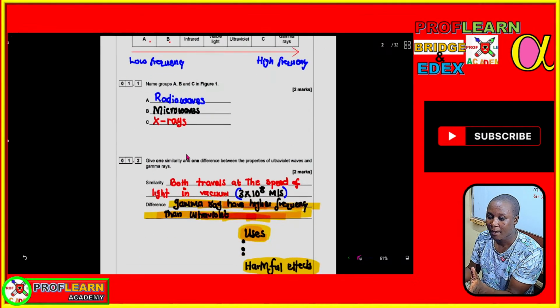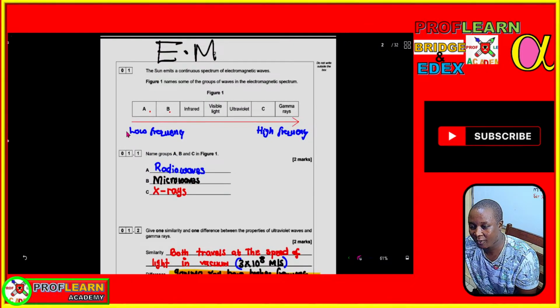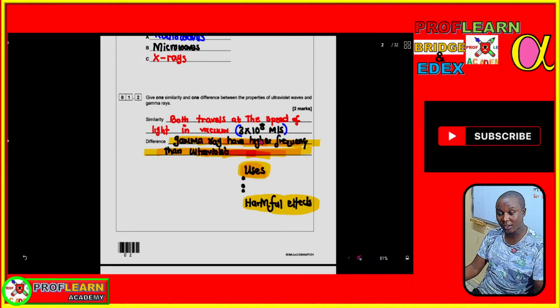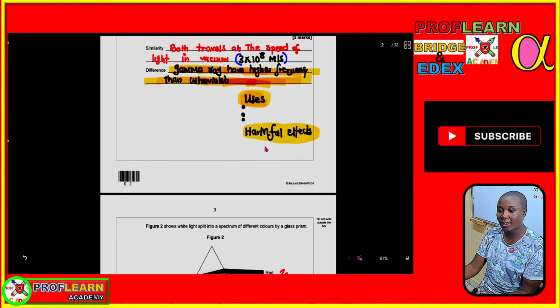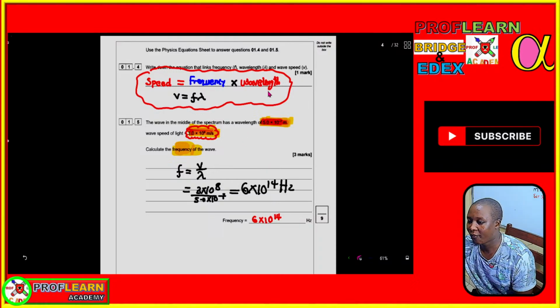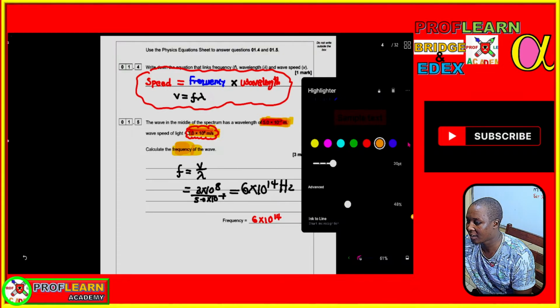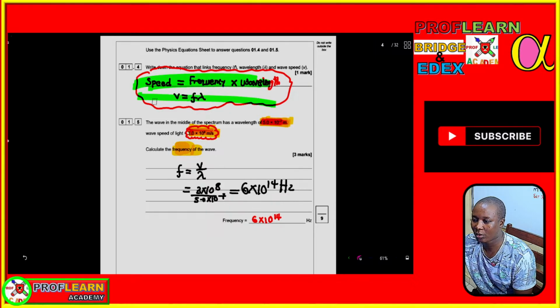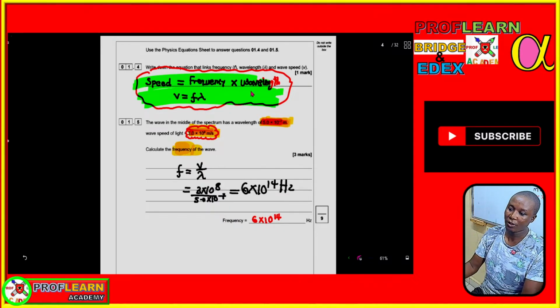You need to understand that waves on this end have low frequency but long wavelength, but here they have short wavelength. Yeah, so you need to understand common properties between the waves in the electromagnetic spectrum. Then you need to understand differences in that case, and that you need also to know the formula for the wave equation, and this is the formula that you shall be asked various questions on how to use it. So you need to be prepared to answer questions as far as the wave equation is concerned.